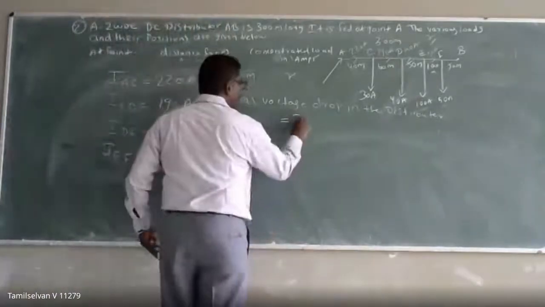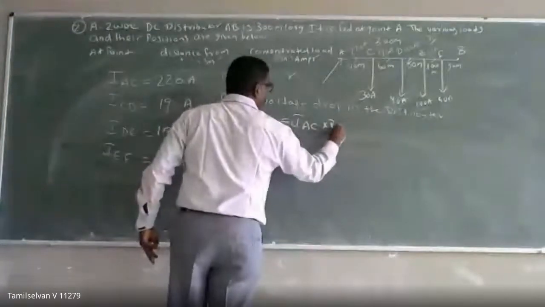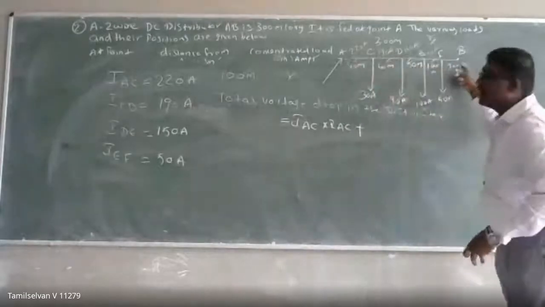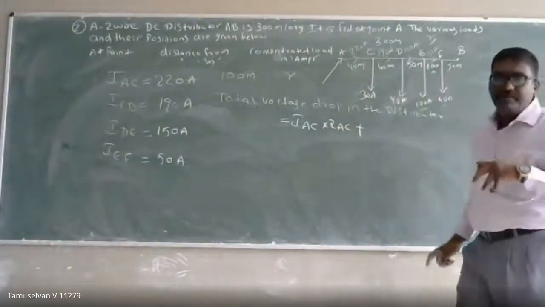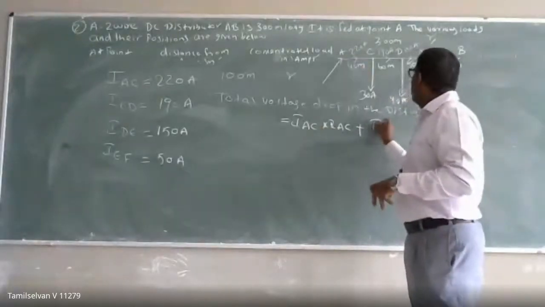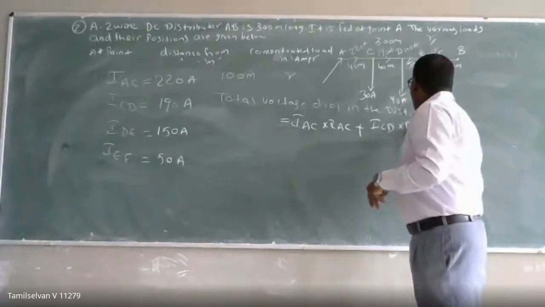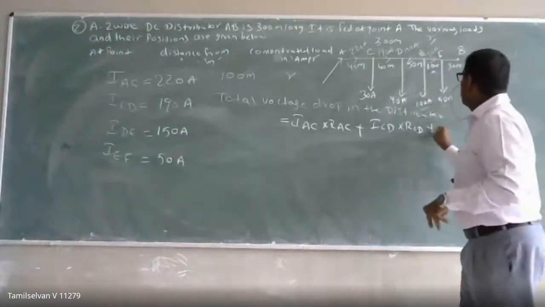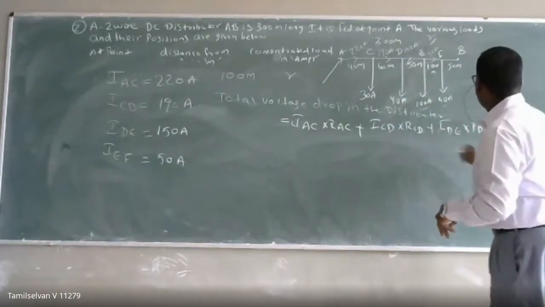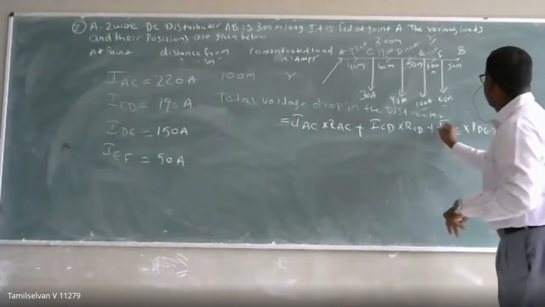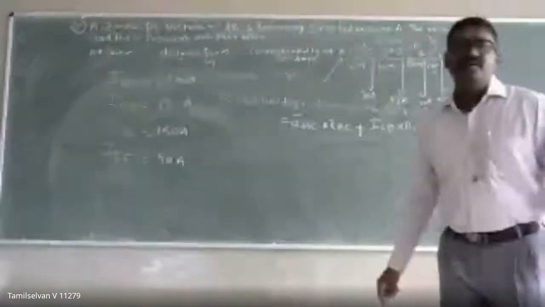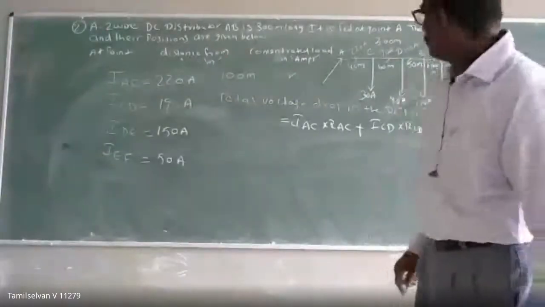So I of AC into RAC, plus similarly, current in CD into RCD, plus current in DE into RDE, plus current in EF into REF. That is the resistance of the section EF.